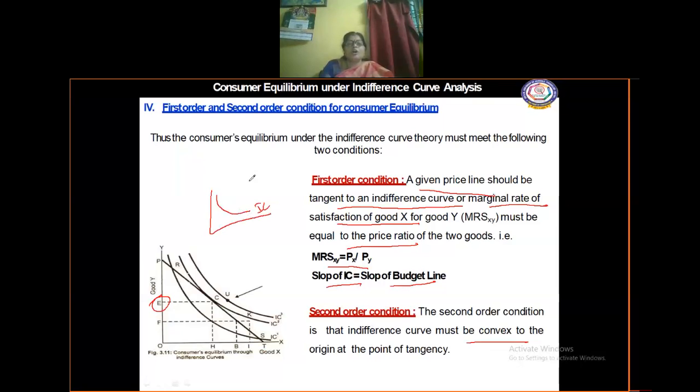Indifference curve is convex to the origin because the marginal rate of substitution is declining as the consumer keeps increasing his satisfaction through one combination of goods by sacrificing the other goods. So IC2 is attained.